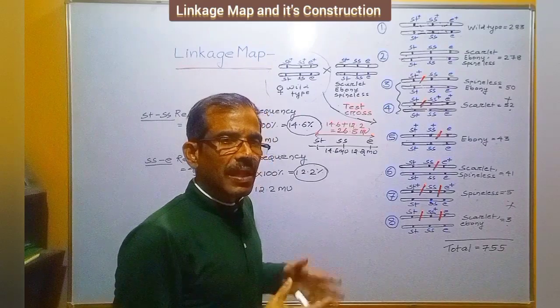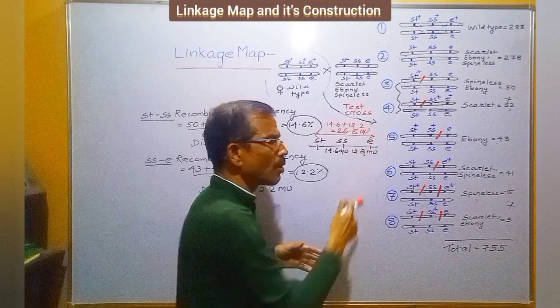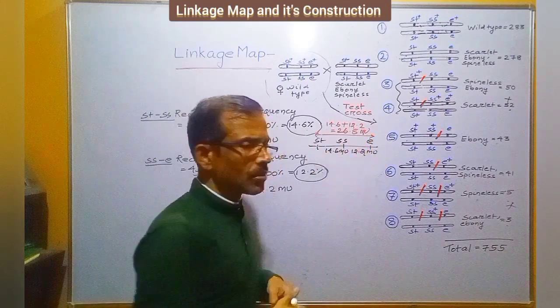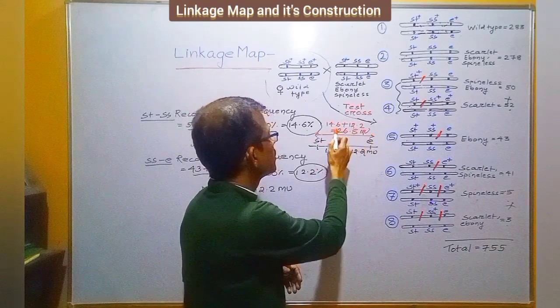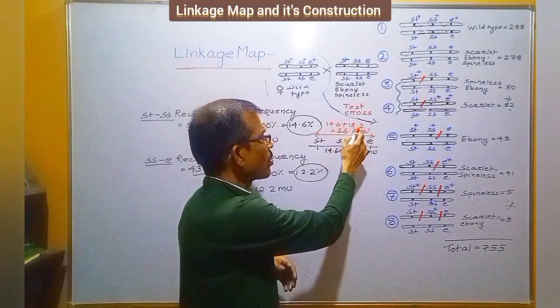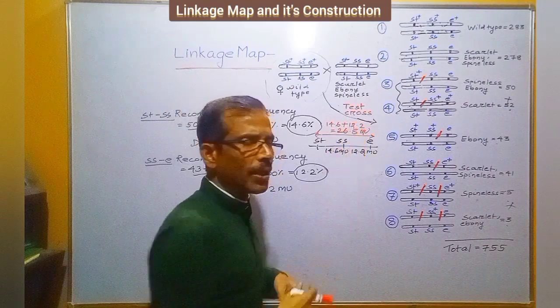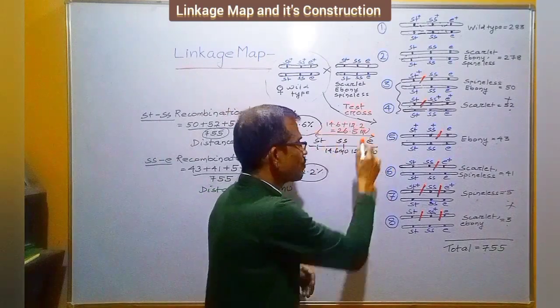After this, the genetic distance between the ST locus and E locus is calculated by adding these two values. So the distance between ST and E locus is 14.6 plus 12.2, that is equal to 26.8 map units. This is the complete linkage map.